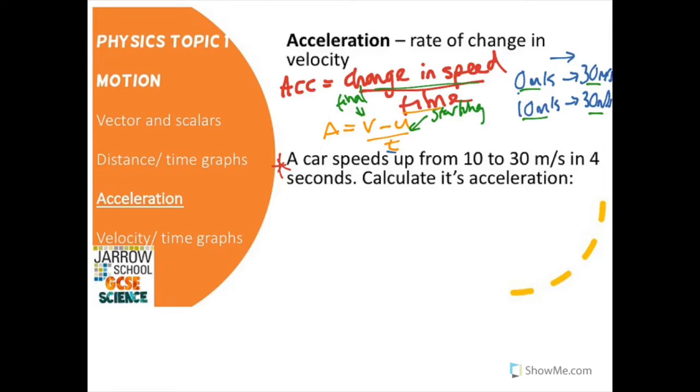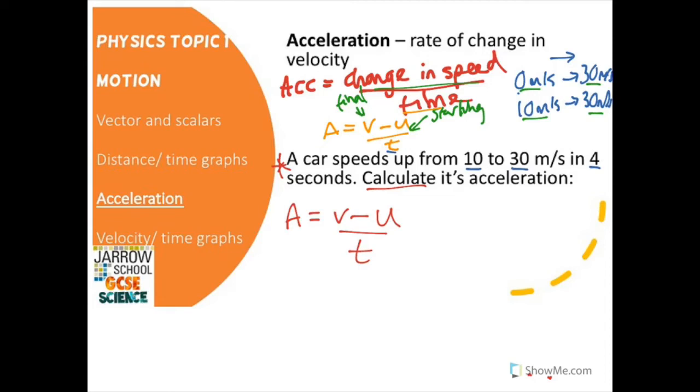Okay, so in physics, you get 3 marks for these sort of calculation questions. You get 1 mark for remembering the specific equation that you would need to know. So a equals v minus u divided by t. That's going to get you 1 mark. The second mark is for substituting in the correct values. So here we'll have the change in speed, and here we'll have the time.